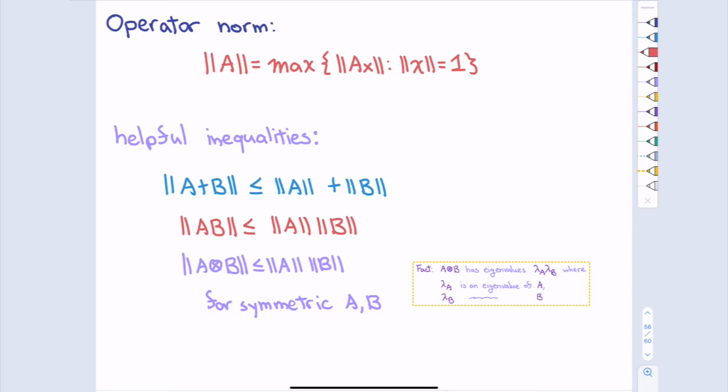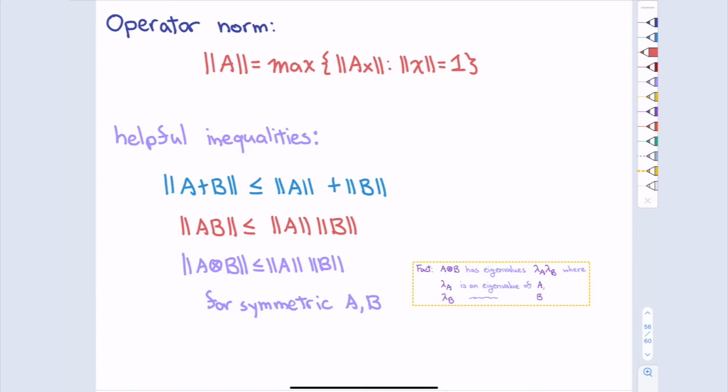And it's not hard to plug in: if you want to maximize (A plus B)X, that's at most choosing the best possible X for A and the best possible X for B. So you get that the norm of A plus B is less than or equal to the norm of A plus the norm of B. Just like here, you want to plug in the best X, but it's sort of like, well, I could try to first plug in the best X for B and multiply it times the best X for A instead of just restricting myself to the output of B. So you get this inequality.